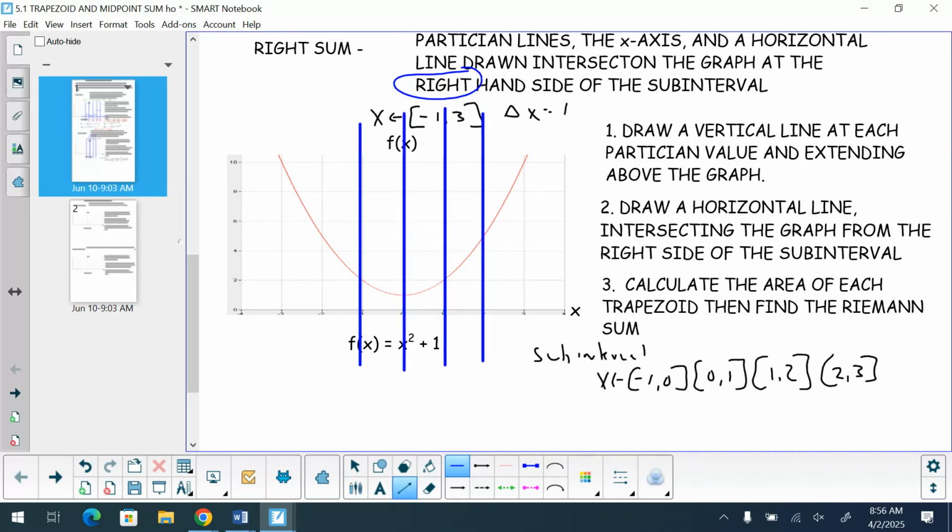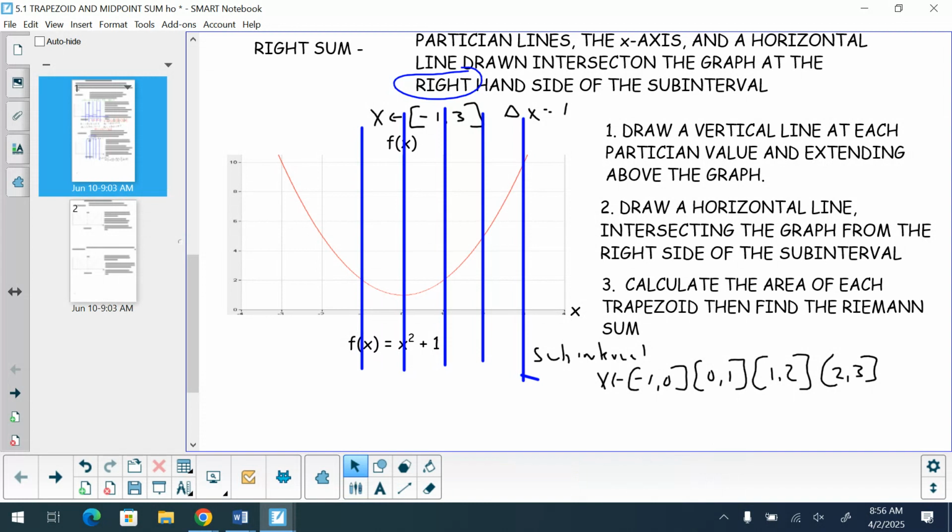We can get a visual picture of this to begin with. But once again, this visual picture is basically for explanation and to show, but ultimately, we're now looking at the right-hand side of the subinterval. So we are utilizing the values 0, 1, 2, and 3.